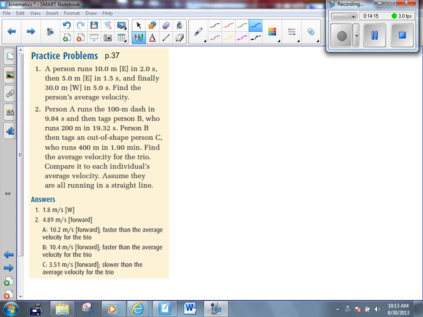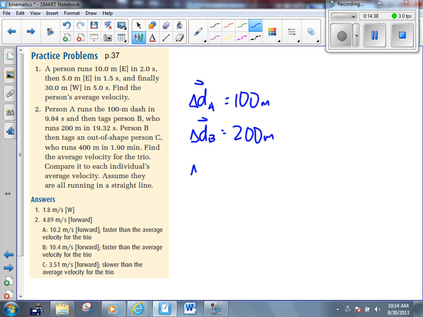We're going to call it delta dA here because we're just going to be consistent with the question. Person A runs 100 meters. We're going to say that person B runs 200 meters, and person C runs a total displacement of 400 meters.